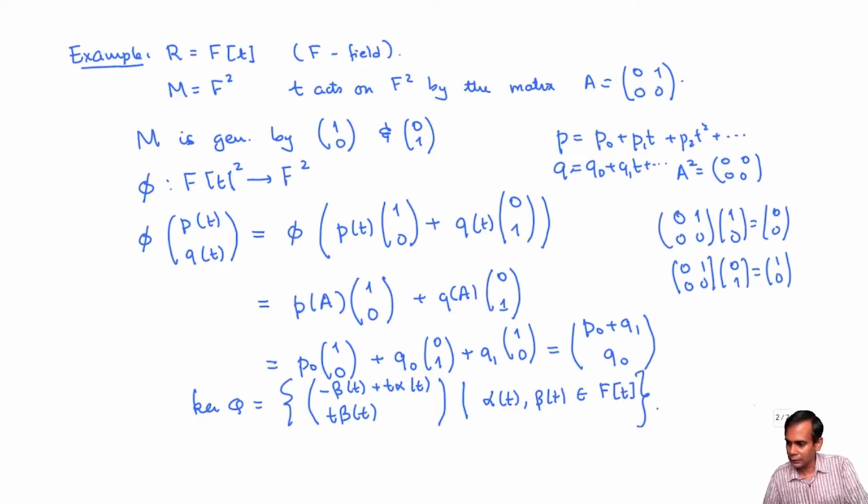And this is just equal to the matrix T, minus 1, 0, T, times alpha(T), beta(T).